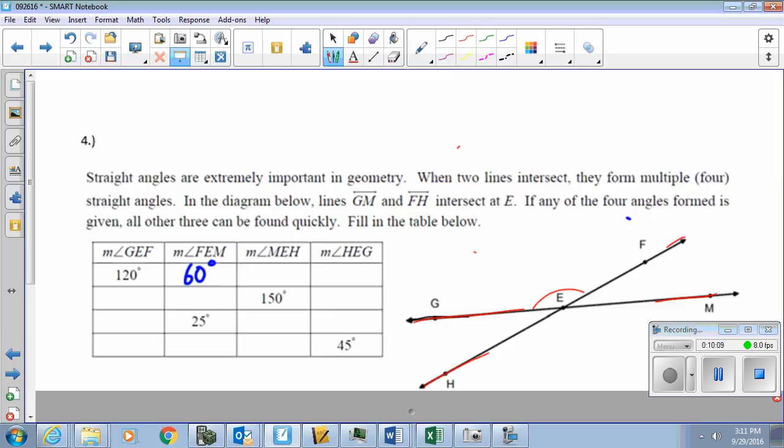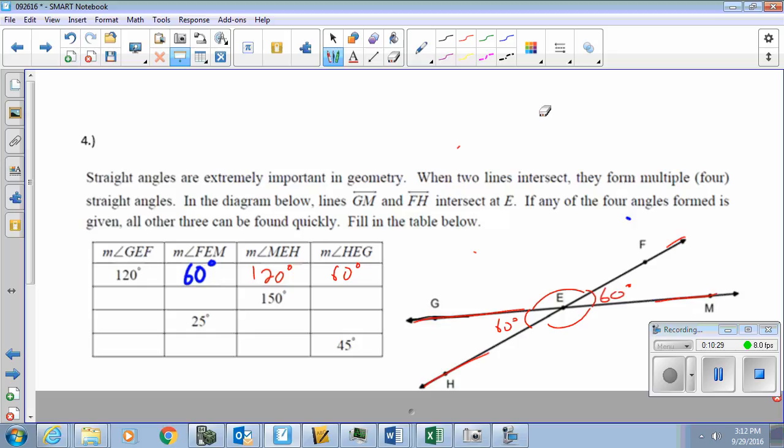So this angle and this angle are vertical. If you remember back to our packet, that means that they are congruent, equal measures. So this one is also 120, and the other one is actually going to be, so we found FEM, that's 60, and this one and this one are congruent, so that must be 60 also.